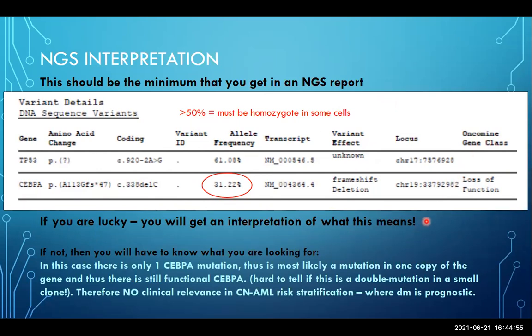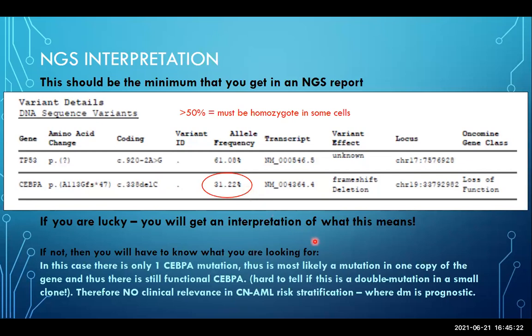If you are lucky, and this is the minimum, I would highly recommend you pick labs that have given some kind of interpretation for this. It's really important to put this in perspective. So for instance, in this case, as an example, 31.22% basically means that this is probably a single mutation. It's not a double mutation at the site.